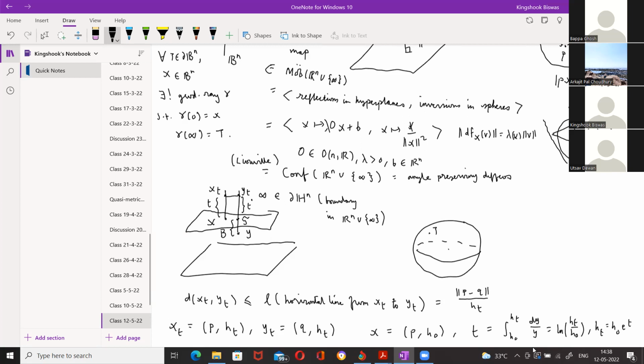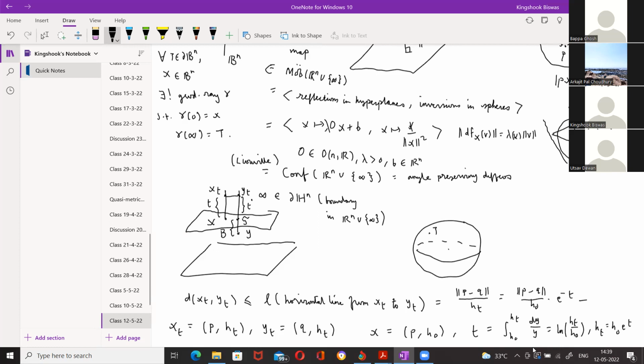Yes, because what is the hyperbolic metric? It's the Euclidean metric divided by the height. The height is constant, so I'll just get the integral of the Euclidean metric, which is just the Euclidean length. So it's just norm p minus q by ht. So this is norm p minus q by h naught times e to the minus t.